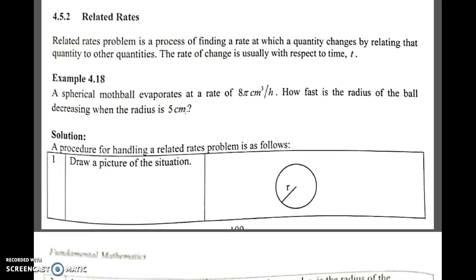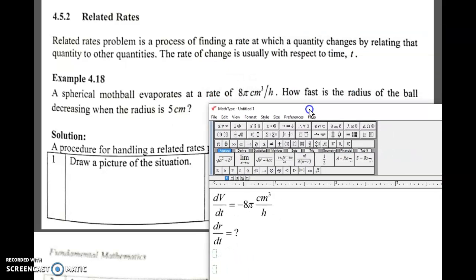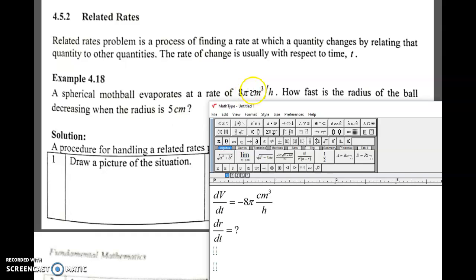First and foremost, as I have emphasized before, you'll need to write down every piece of information given in the question. Alright, so let's do that for this one. Okay, so this is what I can write down based on this question. The evaporation rate, 8 pi.